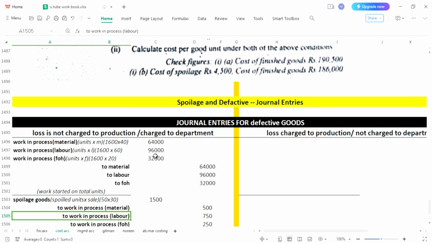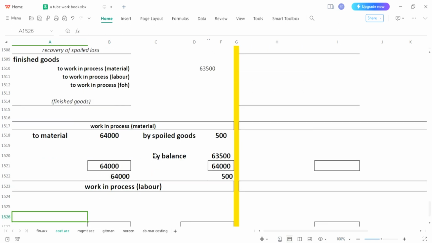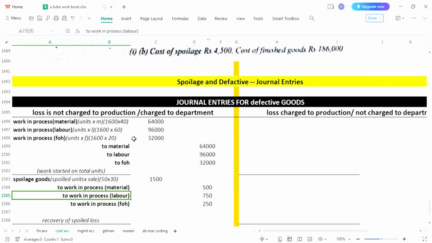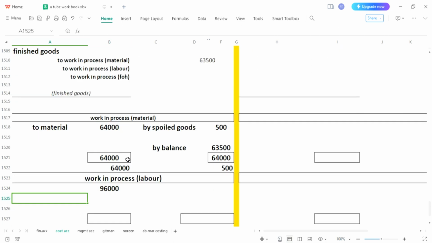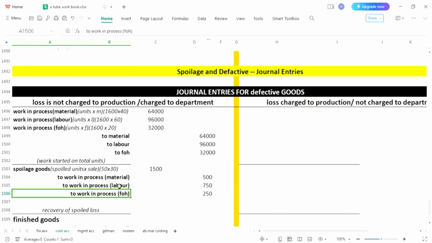Debit side 96,000. So you will put 96,000 on debit side. The reference would be whatever is written on the opposite side. Labor was present on debit side, and on credit side to labor is present, so you will use it as reference. In second entry you can see work in process labor is present on credit side, 750.